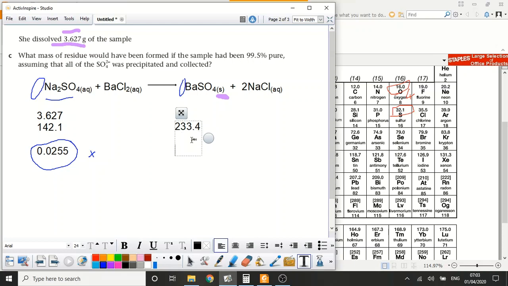Now we know it's 0.0255 moles of the barium sulfate.